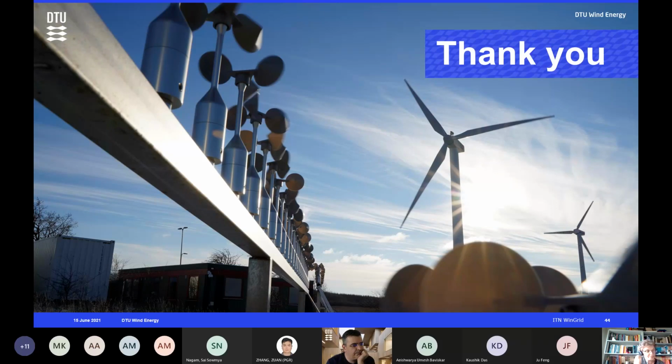I was thinking that you have been through all these HVAC and HVDC connections, and at the end you talk a bit about this combined connection, hybrid connection concept. Can you very quickly elaborate on it?